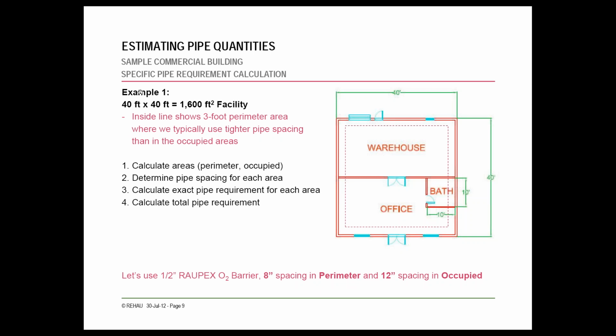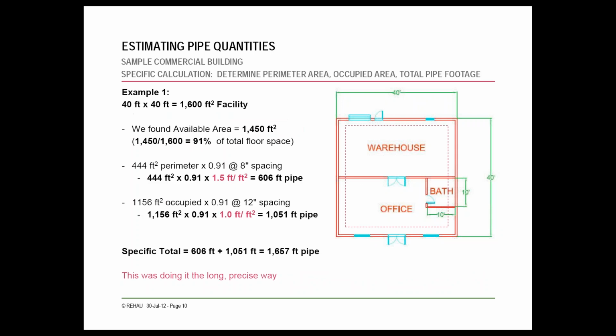Just for an example, this is a 1,600 square foot warehouse, 40 by 40. First thing you want to do is calculate the area. Let me do this first a little more in depth so we can compare the two. We're going to do 8-inch spacing around the perimeter for a couple feet, 3 feet, and then 12-inch through the rest of it.